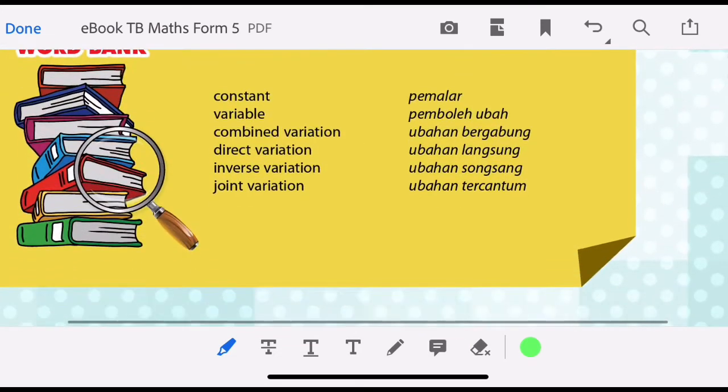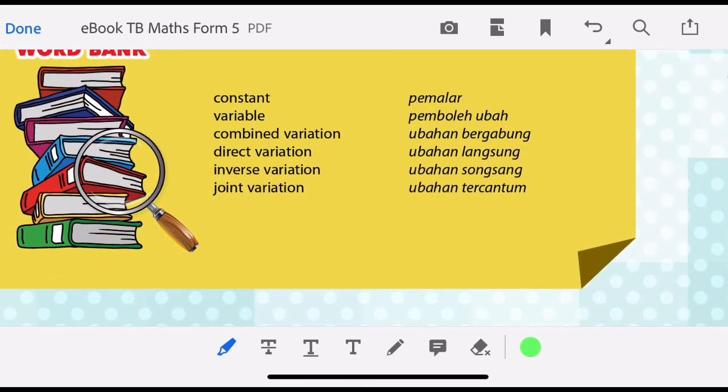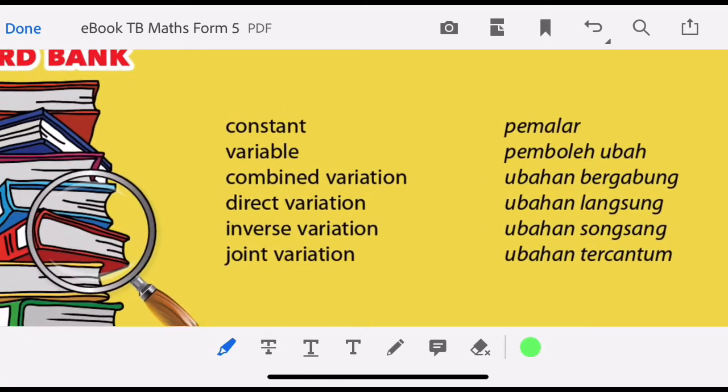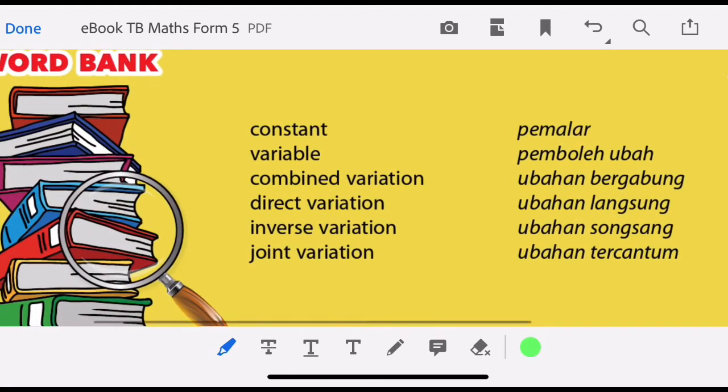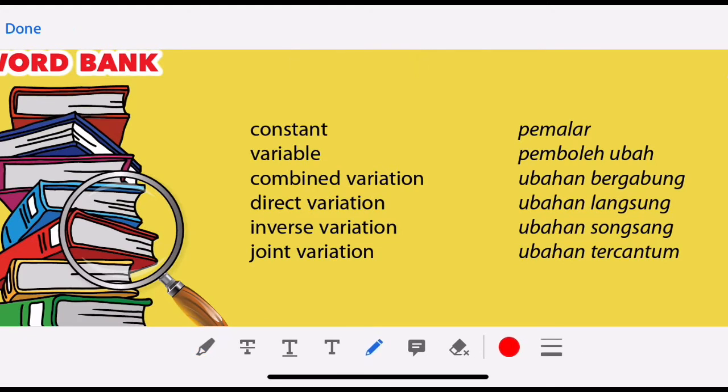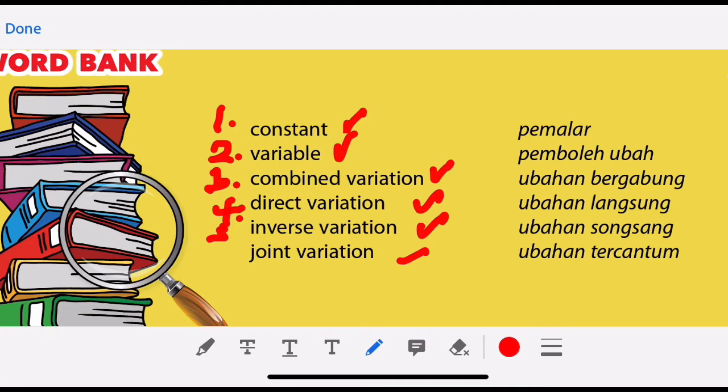Alright, so let's see the World Bank. Okay, this is an important keyword. So we have constant, variable, combined variation, direct variation, inverse variation, and joint variation. So we have 1, 2, 3, 4, 5, and 6 keywords.